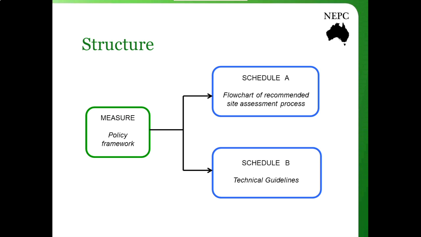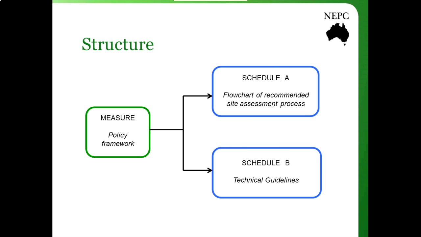This is the current structure of the NEPM. There is an overarching policy framework, that is the measure itself. That's a very short document, only about 14 pages long, and it tends to get put off to the side. It's something that's not often referred to, I guess, because that's not where the technical guidelines lay. Those are in the schedules to the NEPM.